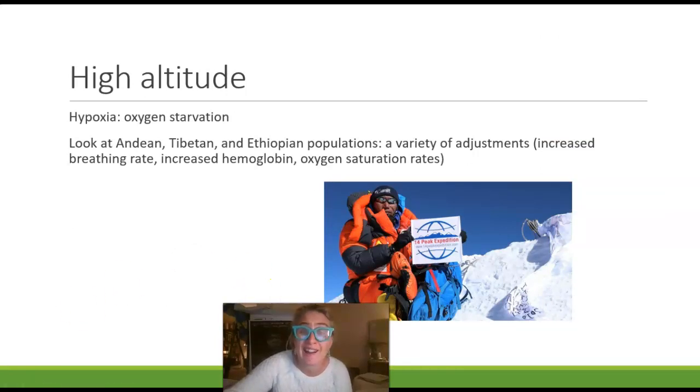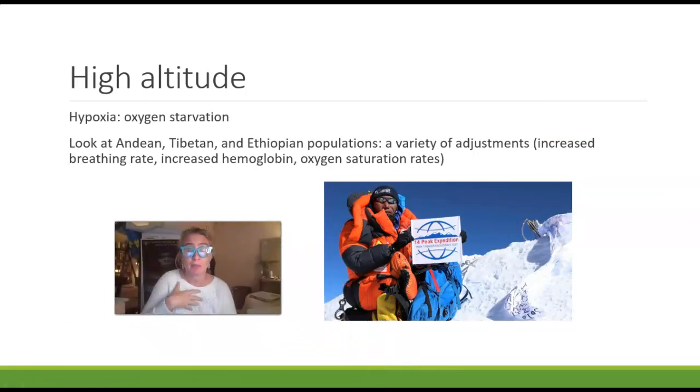You can also look at high altitude as an example of ways that people adapt to the environment. Your textbook looks at the Andean, the Tibetan, and the Ethiopian populations to see how each of those populations has a variety of adjustments that help them deal with living in high altitude areas. So there's not just one way that people have adapted or adjusted to living in high altitude.